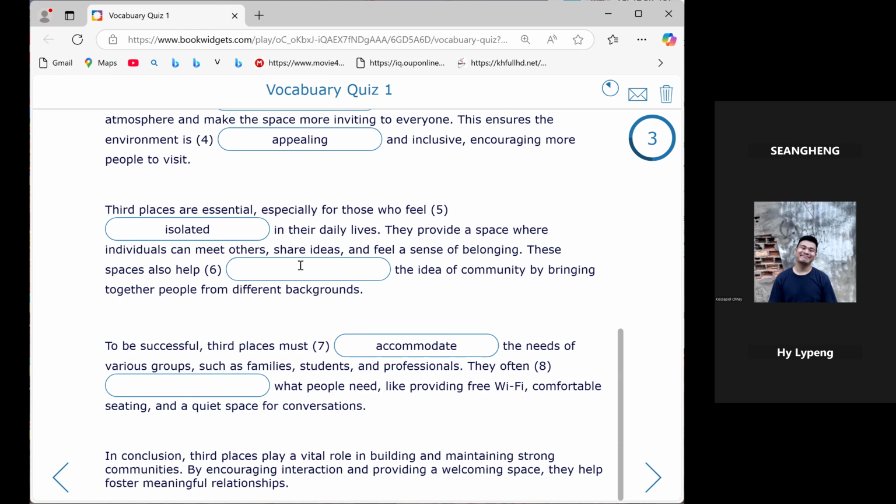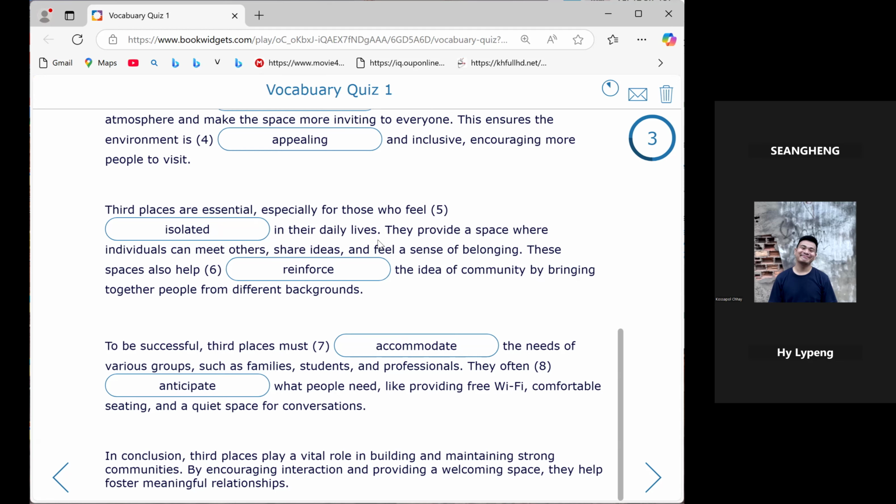This bus also has anticipate the idea. Anticipate, we hope. Oh, this one should be, they often look for, hope for the third place to provide something like Wi-Fi or deposit. Yeah, and then reinforce again. So that's it, right?